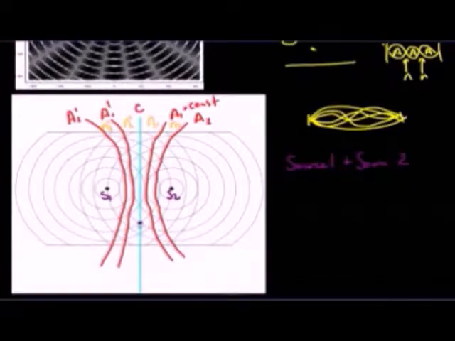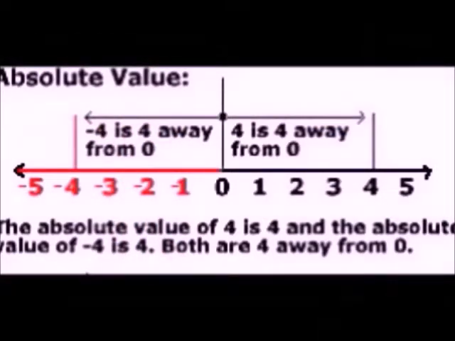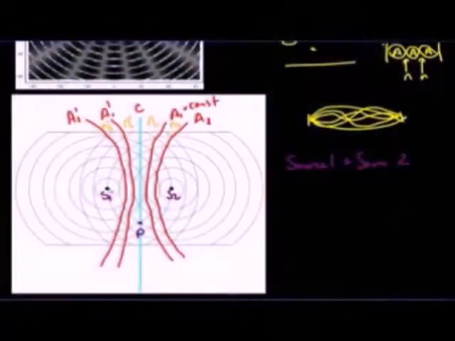How many wavelengths away from source 1 is this point? Well, 1, 2, 3, 4 wavelengths. I'm going to call this P. So what I'm counting is crest, crest, crest, crest: 1, 2, 3, 4.